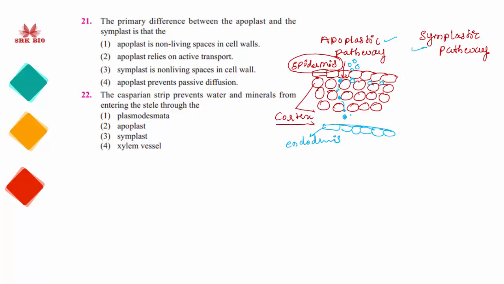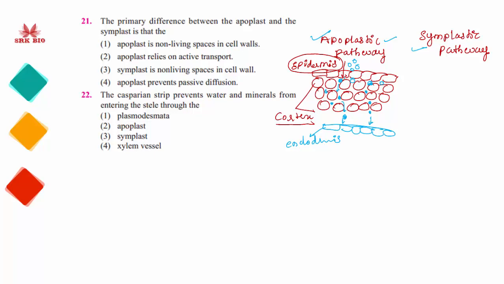So the water molecule directly passed through the intercellular space without entering into any cell. Through the intercellular spaces, the water molecule passes and comes in contact with the endodermis. This method of movement is called apoplastic pathway.